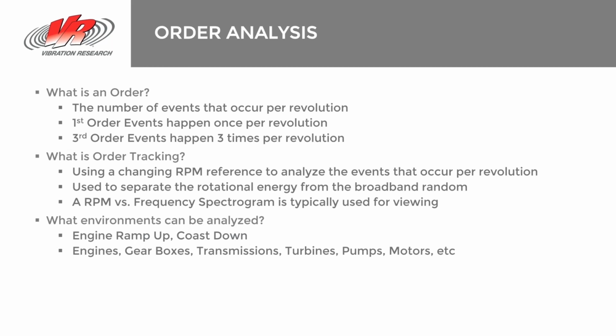The initial release of this is designed to analyze engine ramp up or coast down type environments. And it can be used for engines, gearboxes, transmissions, any of these events or these environments that have these ramp up or coast down type evaluations that are done.